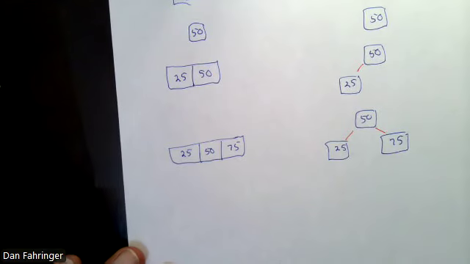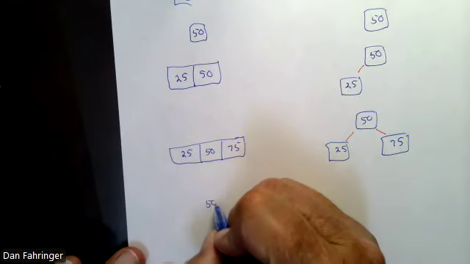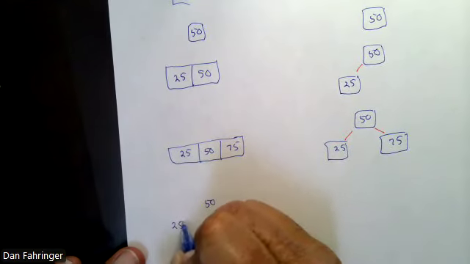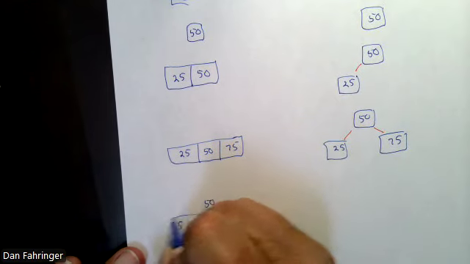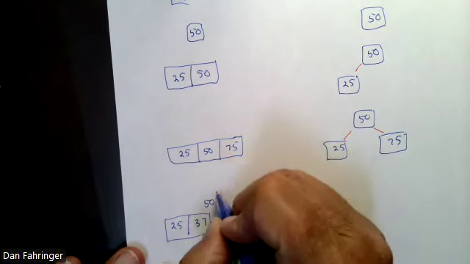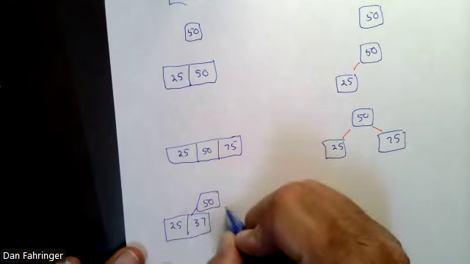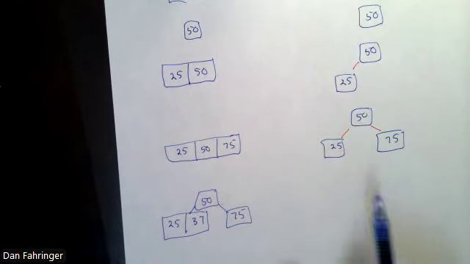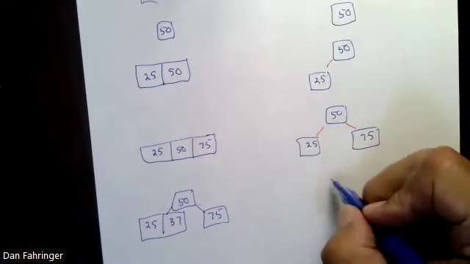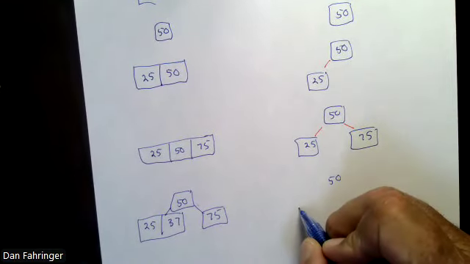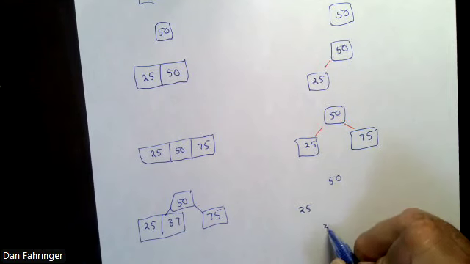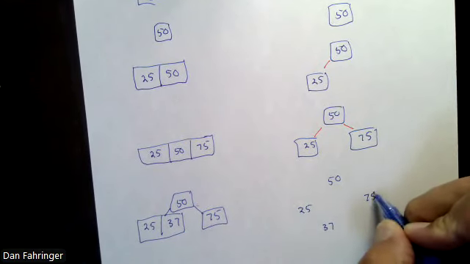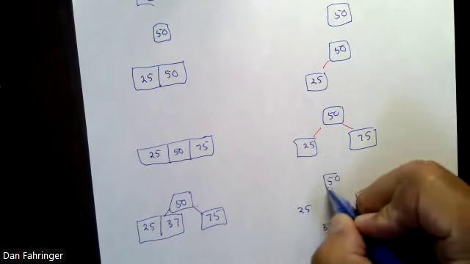37 busts this up. So now I should have something that looks like 50, 25, 37, 75. I added the 37 over here.